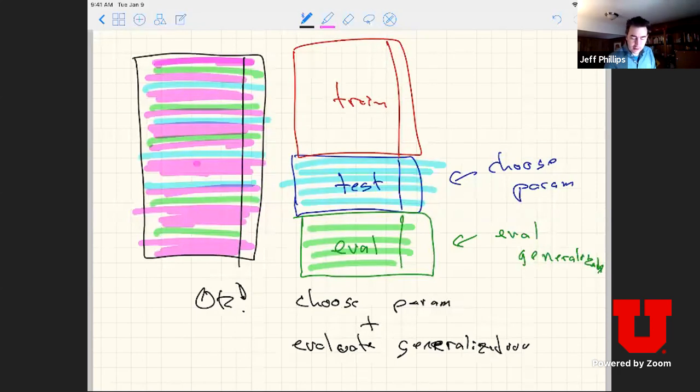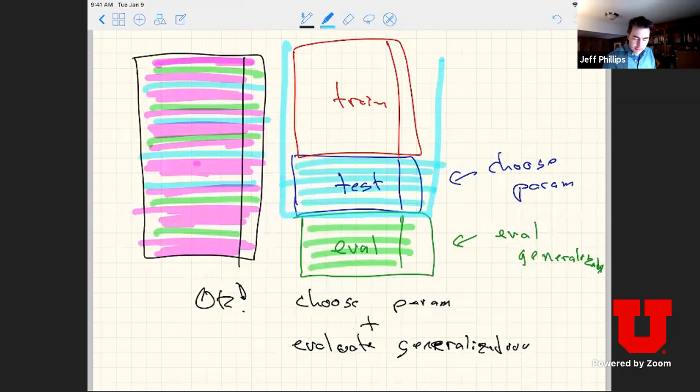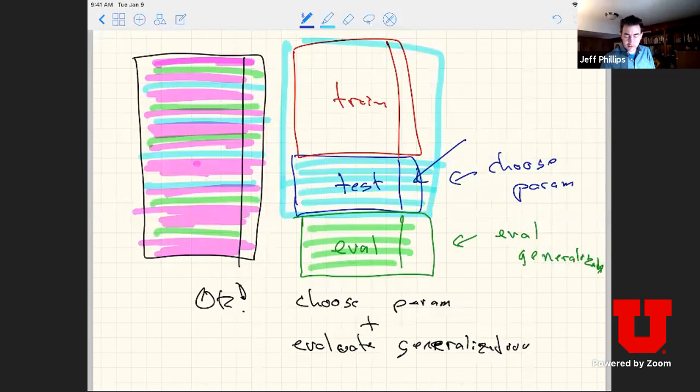So now you can think of this whole upper part as being the training of the model, right? The whole upper part with the train and the top test set, often this stuff is called the dev set, and then you have the eval set at the end. Okay, then this process is actually okay.